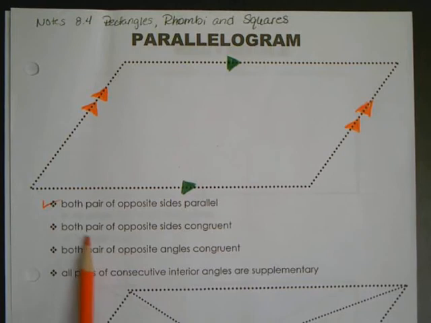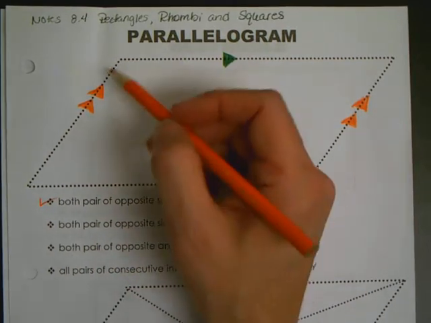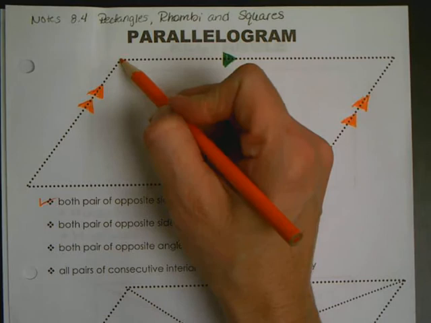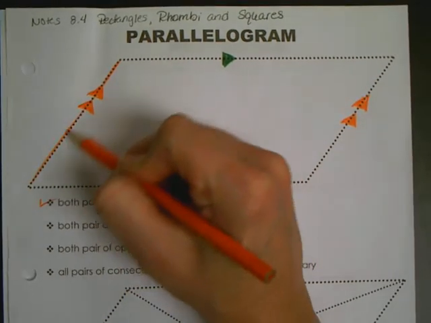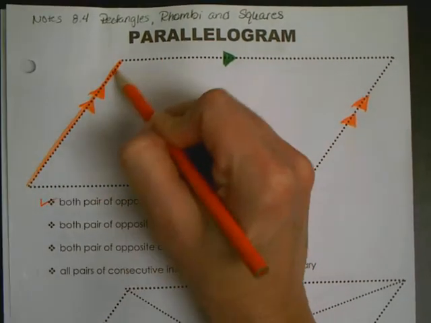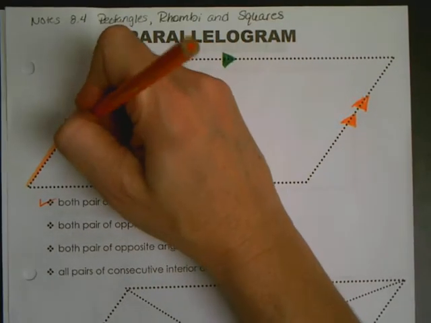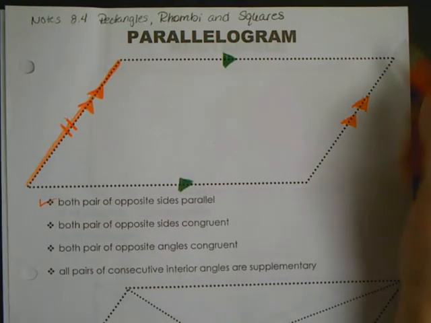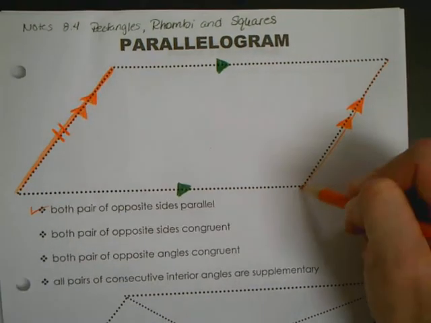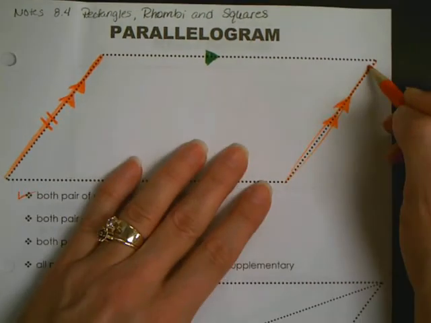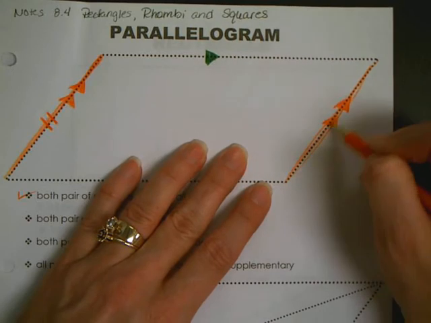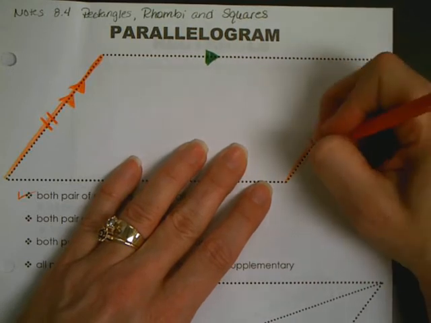The next one, both pairs of opposite sides are congruent. I've got orange in my hand, so I'm going to go ahead and do this side. This side here is congruent. I'm going to make the little markings. I'm going to put 2 little marks there to show the congruent symbol with this side over here. My paper's moving around, making it messy.